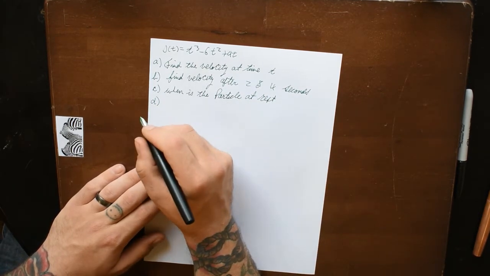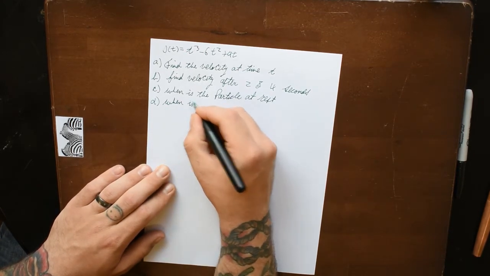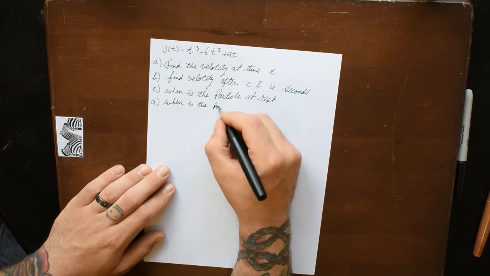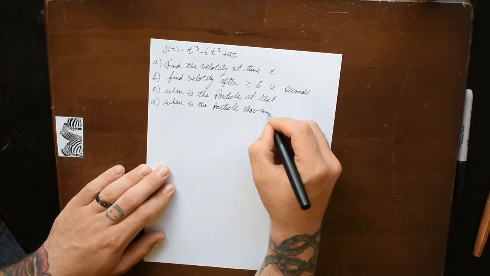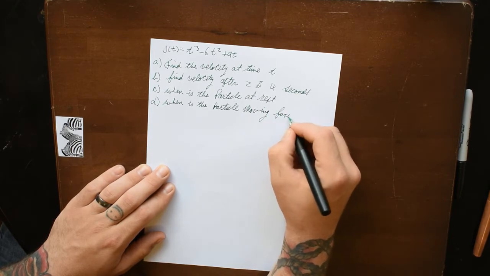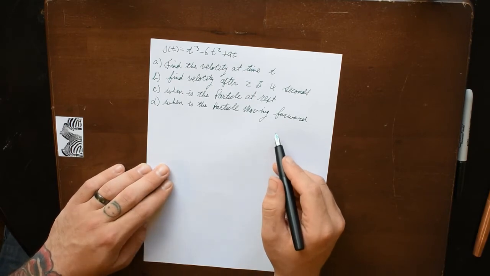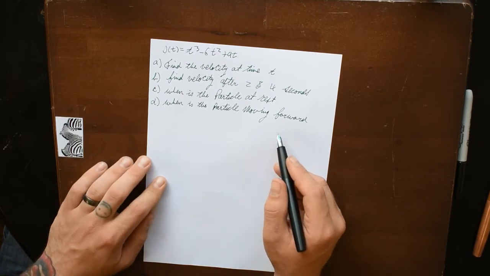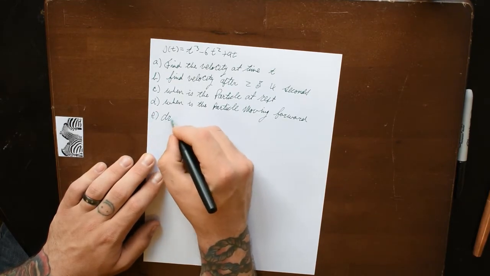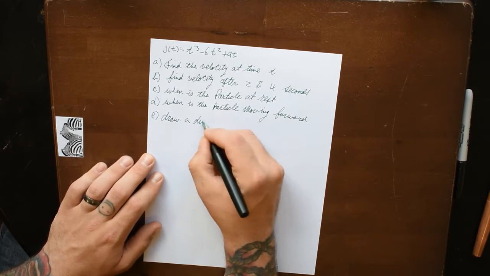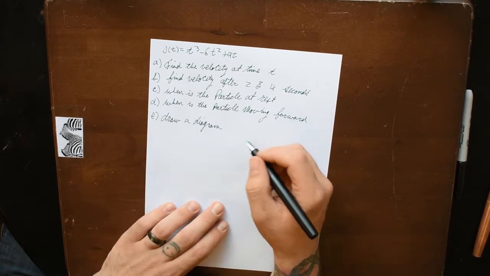The fourth thing is when the particle is moving forward, and then we'll figure out when it's going backwards too. And then we will draw a diagram to represent the motion of the particle.